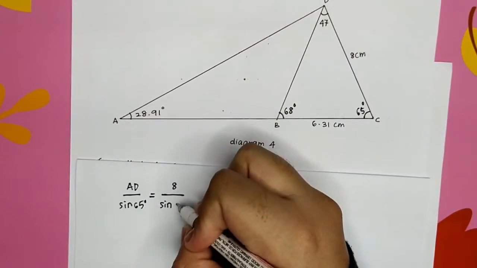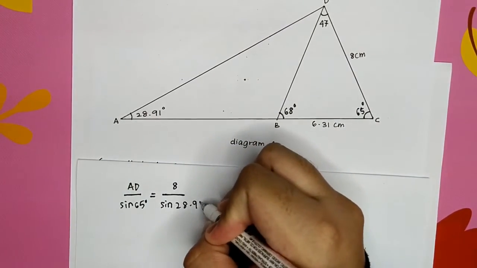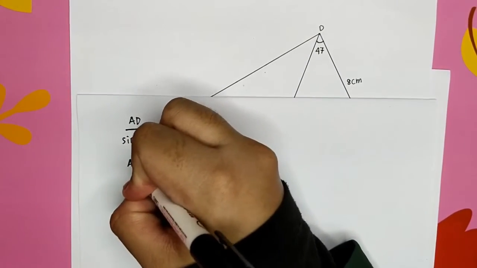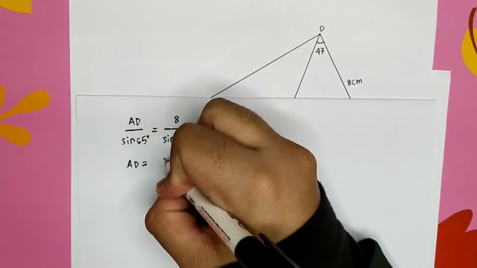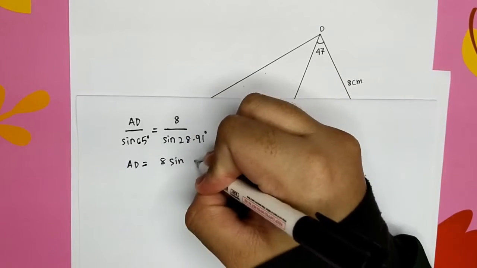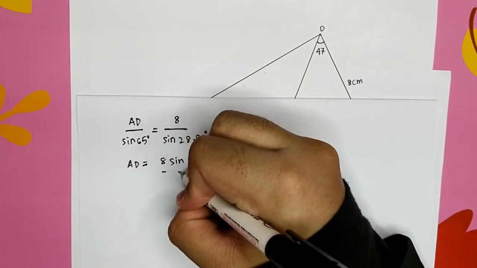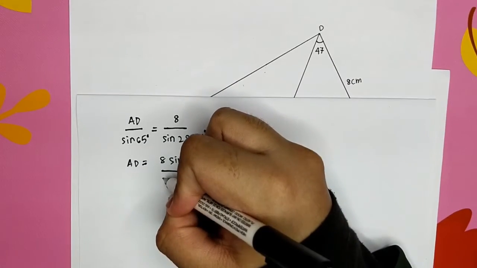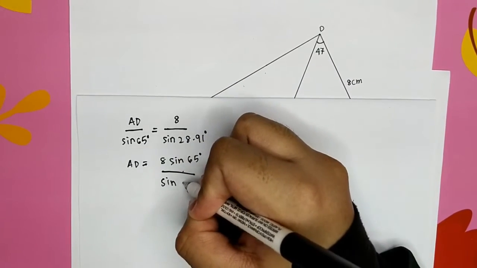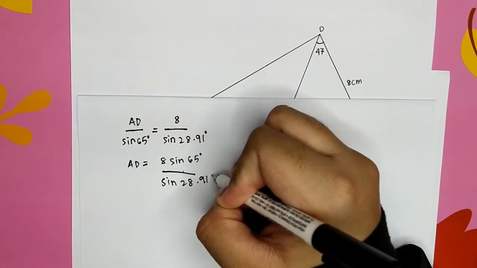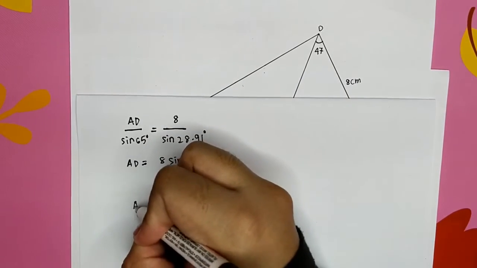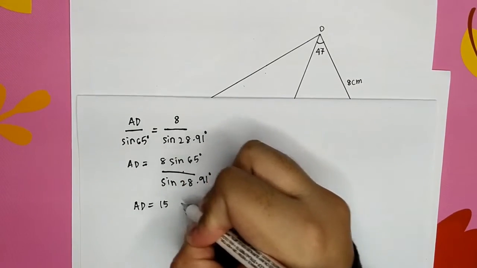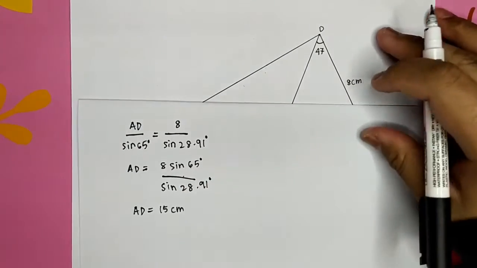It's here, 28.91 degrees. So we can solve it. AD is equal to 8 sine 65 over sine 28.91. So the value of AD is equal to 15 centimeters.